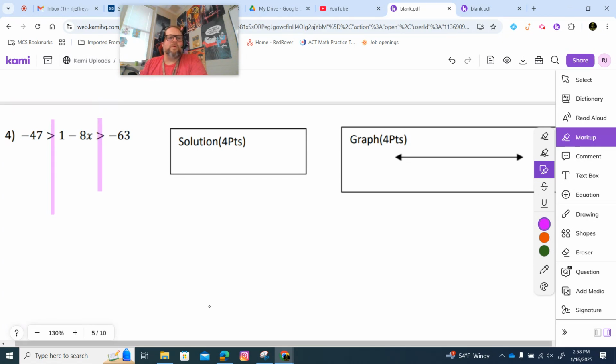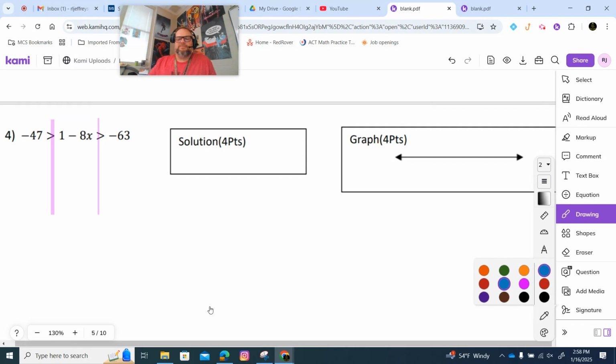Now for number 4, what should we notice at first? That's a little different from the rest. Right, it doesn't say "or." Awesome. But the alligator heads are going the wrong way. The alligator heads are facing this way; normally they're facing this way. I had to do it backwards for the TV thing. But anyways, all right.